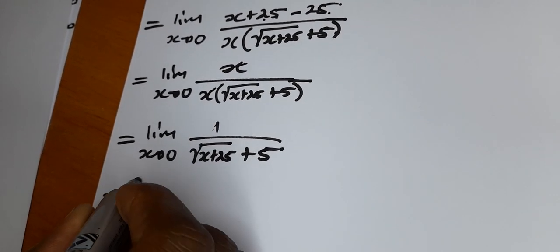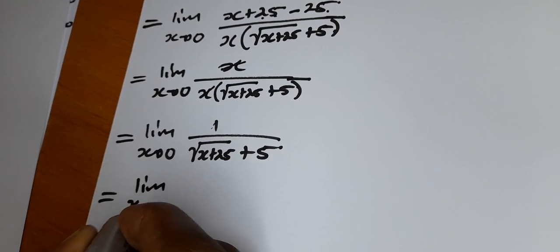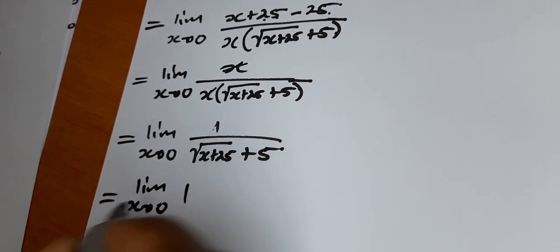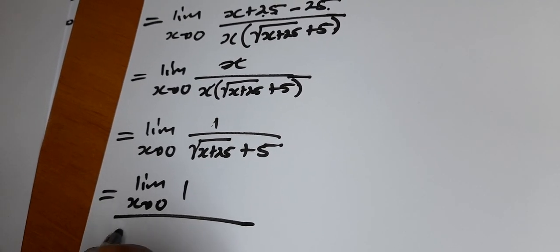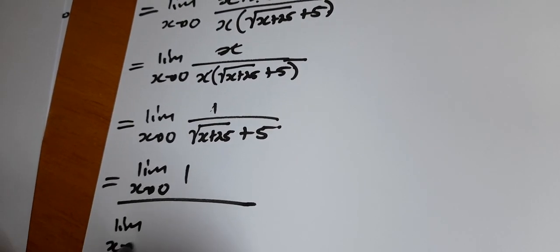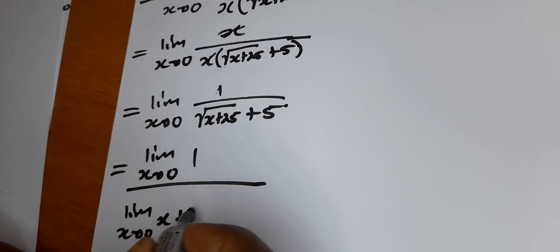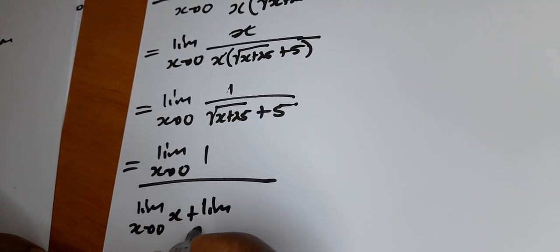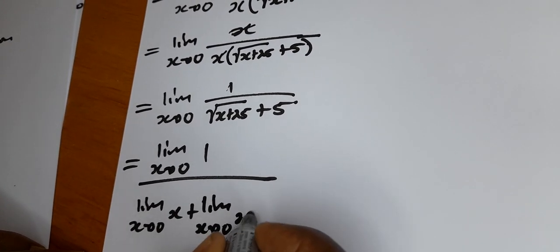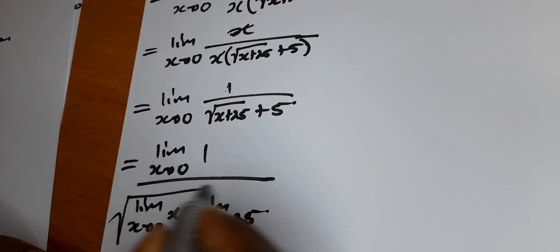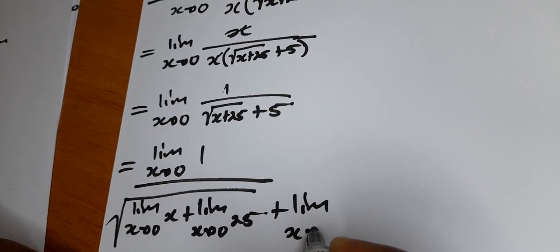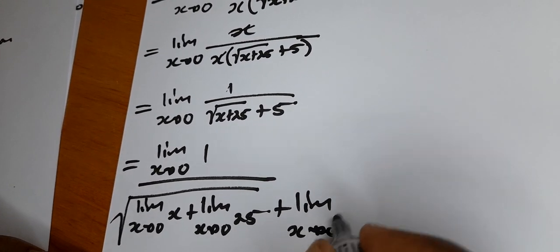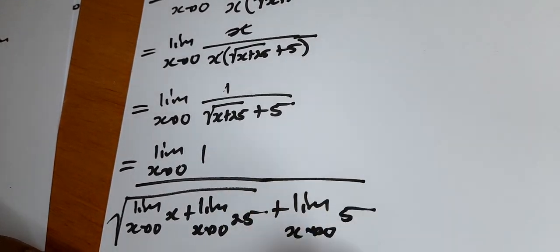This is equal to the limit as x approaches 0 of 1 over the limit as x approaches 0 of the square root of x plus the limit as x approaches 0 of 25, and then plus the limit as x approaches 0 of 5.